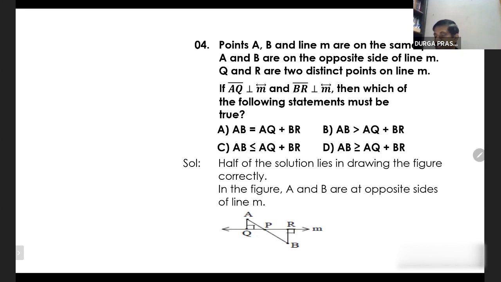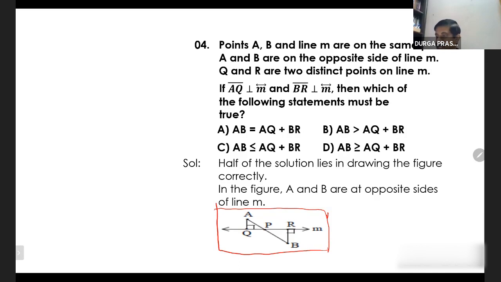See, look at this diagram. A and B and line M are on the same plane. So this is the plane. This is the plane. Okay. Points A, B and the line M are on the same plane. And A and B are on the opposite side, like this.